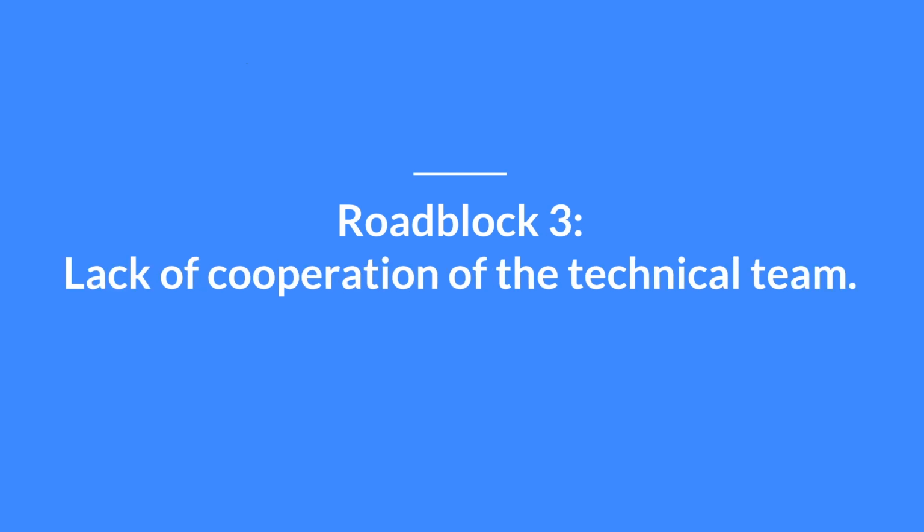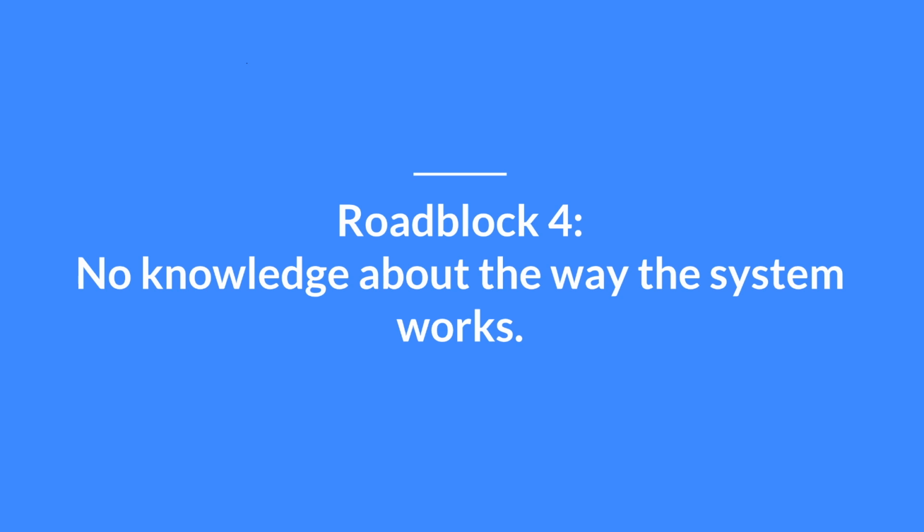The third thing is lack of cooperation from the technical team. This is why we've invited the representative of the IT team to the implementation team, and this is why we've discussed the way we're going to implement the tool on the website during the first meeting. The fourth is no knowledge about the way the system works, which we've addressed by allocating resources to learning and watching the tutorials, and having a separate beginning phase when each manager and each team member learns how the system works.